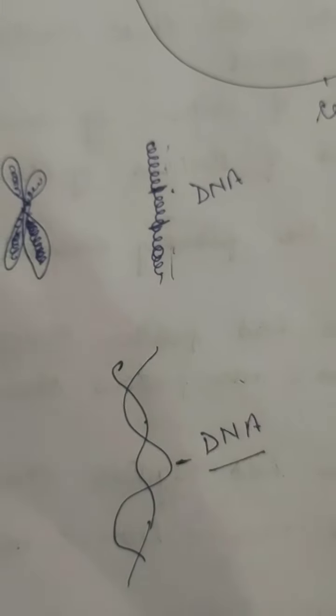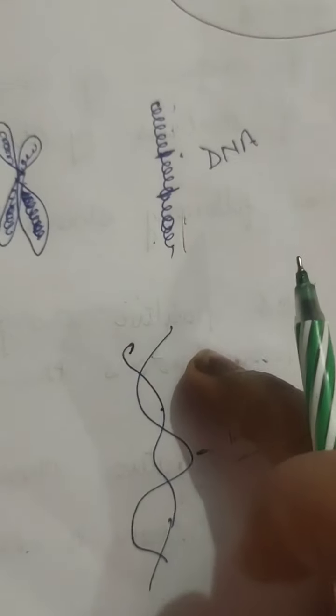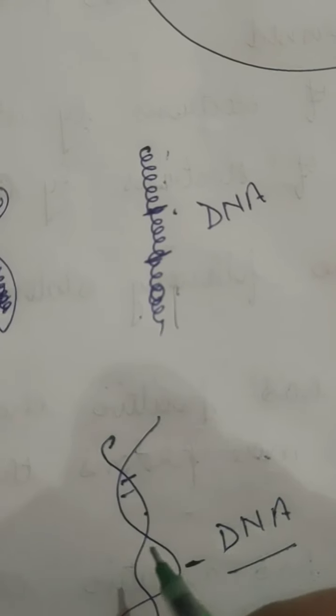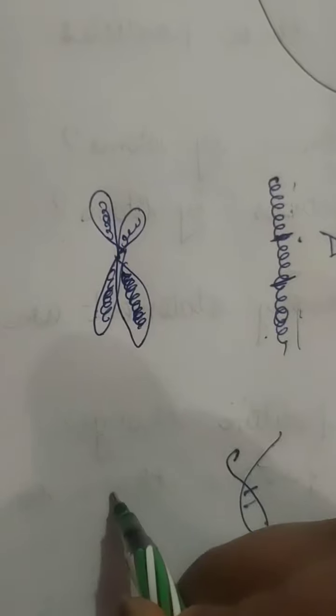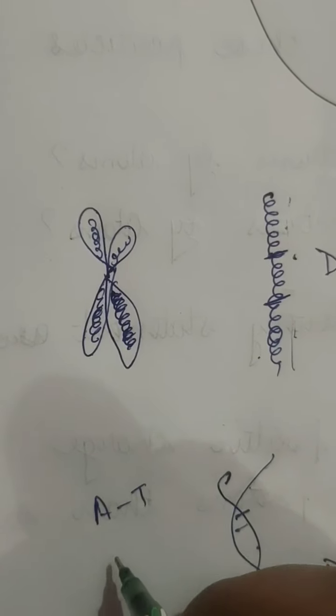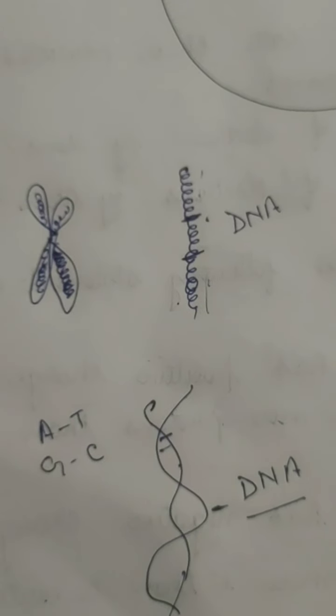Now this DNA has some base pairs. So they have adenine, thymine, guanine and cytosine. Adenine always pairs with thymine and guanine always pairs with cytosine. And in RNA it's uracil.